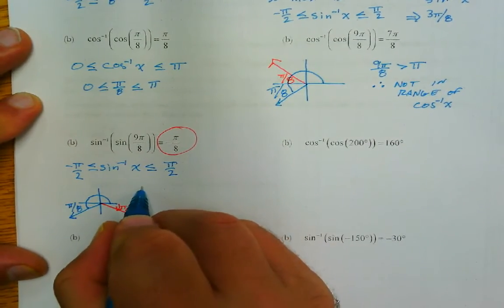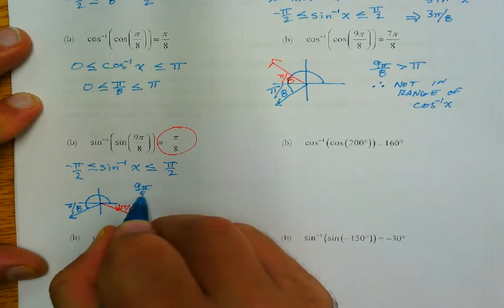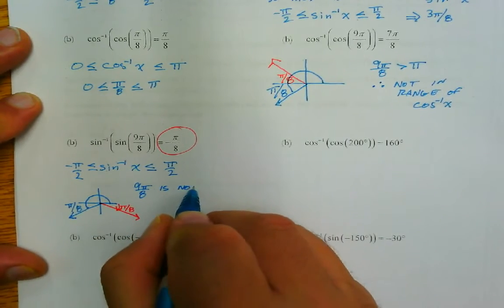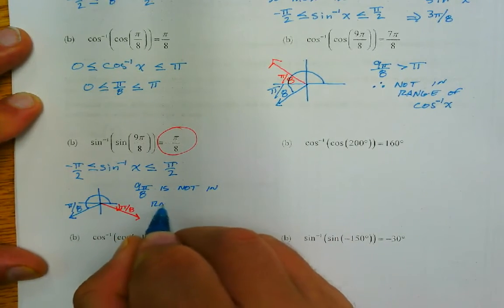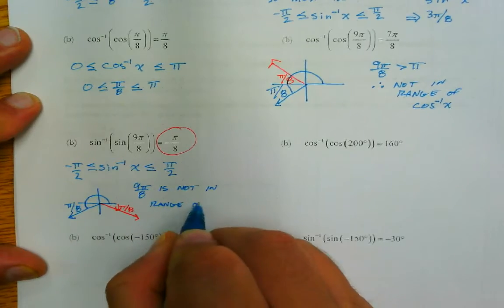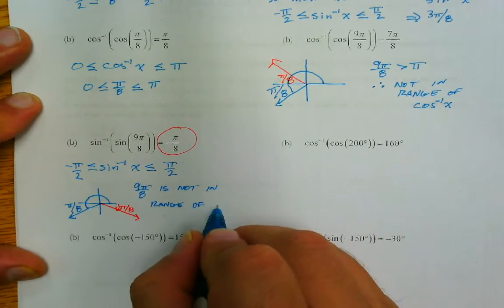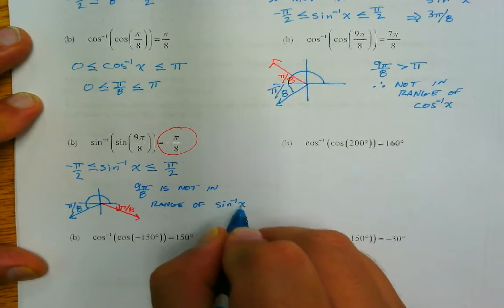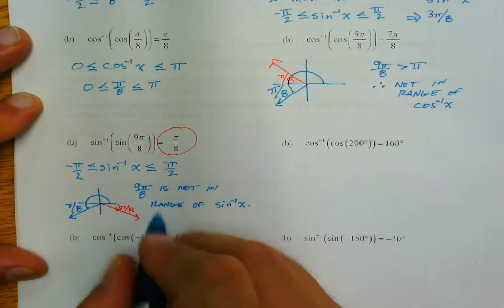And that is because 9 pi over 8 is not in the range of the inverse sine of x.